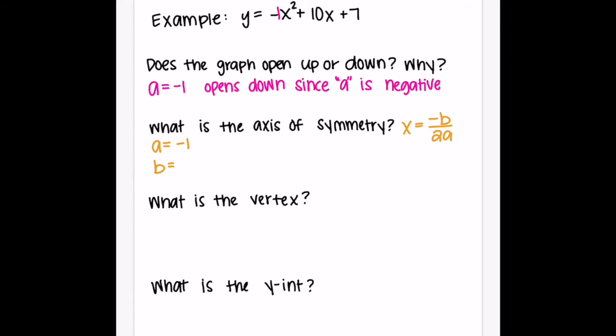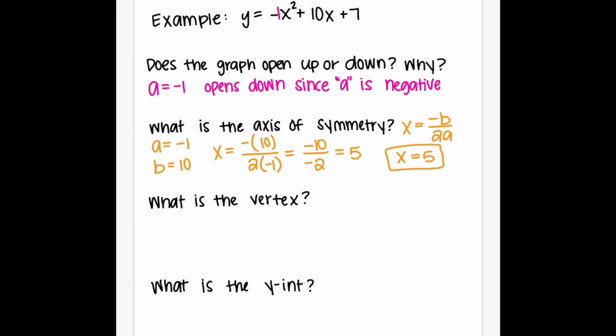A is negative 1, b is positive 10. So x equals negative b over 2a. So that's negative 10 over negative 2, and that is a positive 5. So x equals 5 is the axis of symmetry.